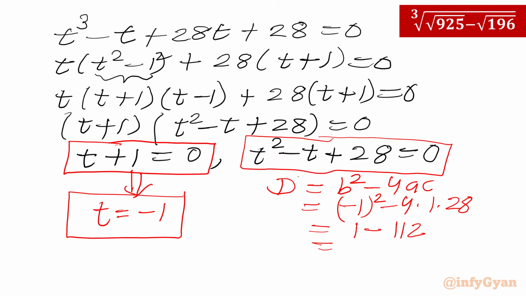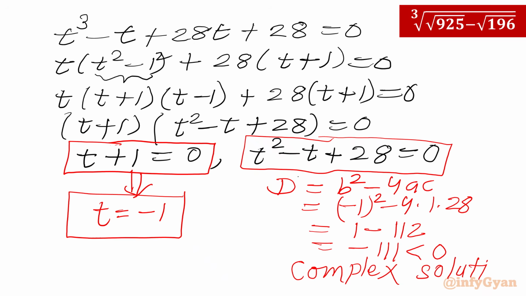So we are going to get discriminant negative. Once discriminant is negative, our solutions must be complex. So we will write here complex solutions. So we can cancel this quadratic equation. We are going to accept t equal to negative 1.